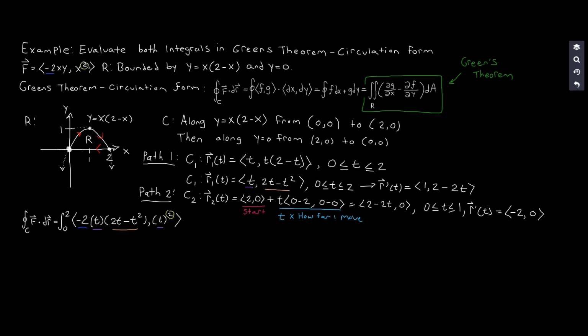The squaring is from here. Now we're going to dot this with the derivative of what we found for r right here, dt on the end of that. And this is going to be path 1 with vector r sub 1 of t.